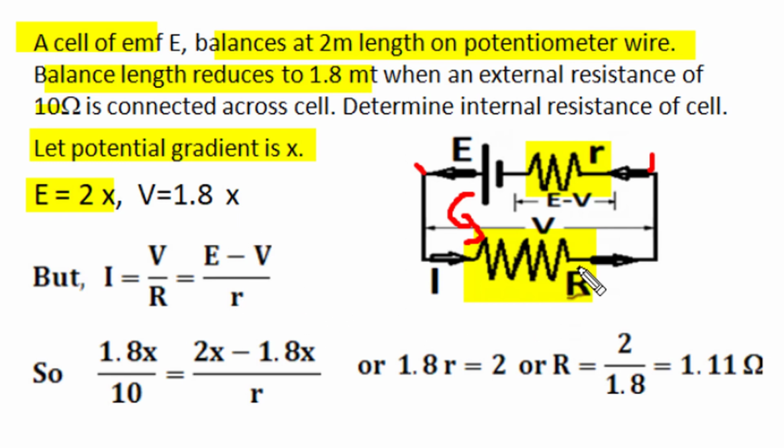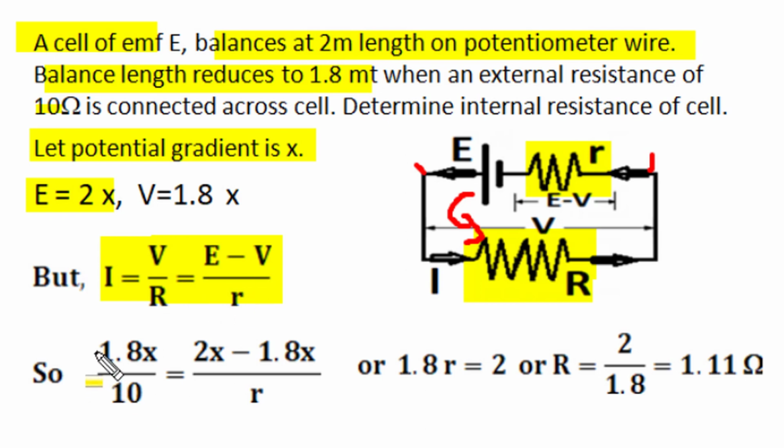Now we can compare internal resistance and external resistance by this equivalent circuit model and current flow relation. For external resistance, the voltage across it is capital V, and for internal resistance during current flow, the voltage across it is E minus V. So the current flow relation of external resistance and internal resistance can compare the value of internal resistance with external resistance.